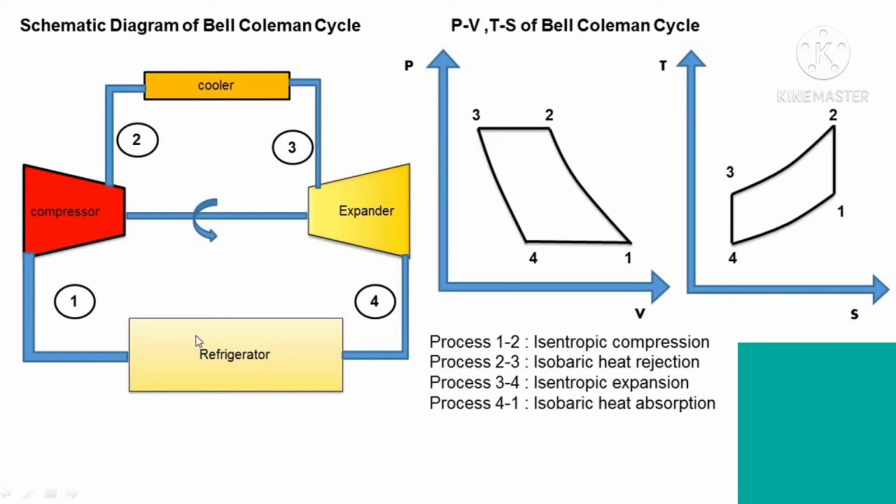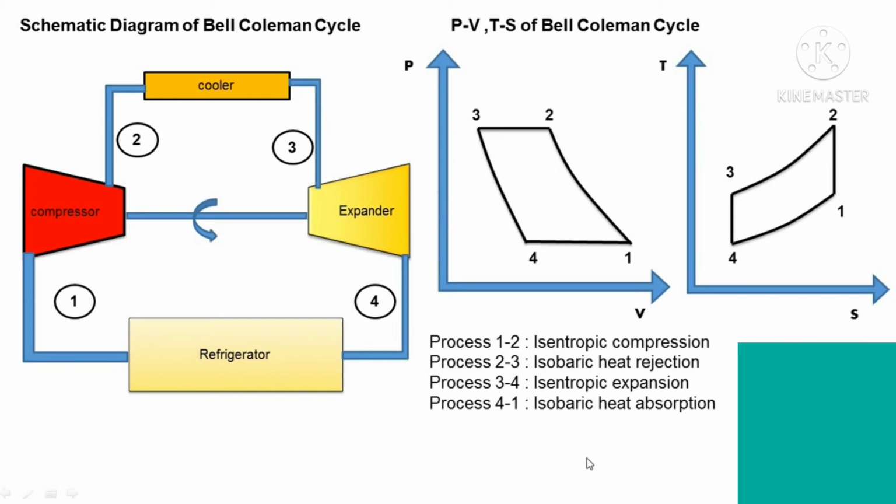So there are four components of the refrigeration cycle which go on repeating, that is refrigerator, compressor, cooler and expander, and cooling effect is produced in the refrigerator.